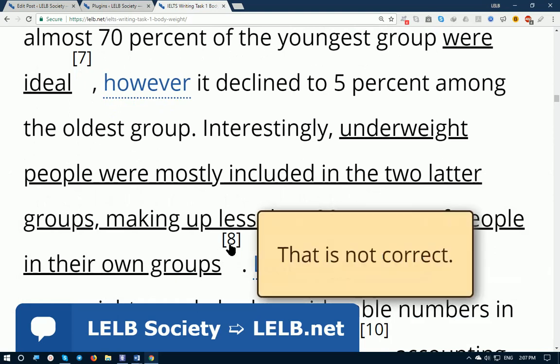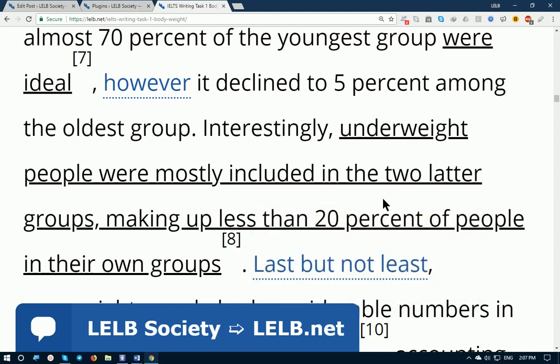And I've responded to this part by saying this is not correct. It says mostly, but as a matter of fact, the proportion of underweight people in 1959 was just 5 or 10%, which is not a very noticeable percentage.